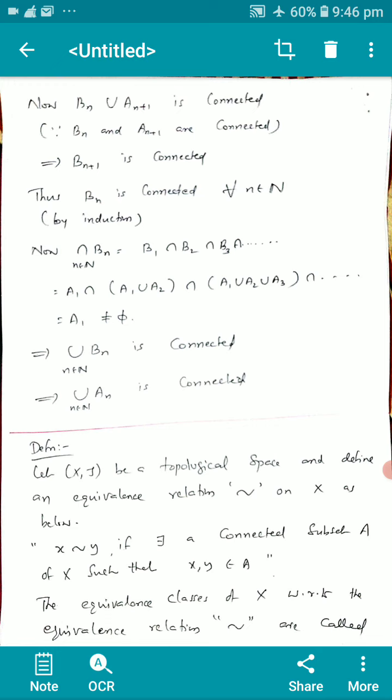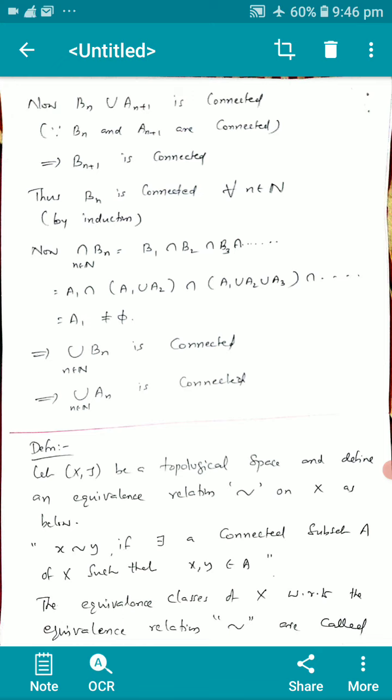Now the intersection of Bn, that is B1 intersection B2 intersection B3 intersection etc. What is B2? A1 union A2. Then B3 is A1 union A2 union A3.